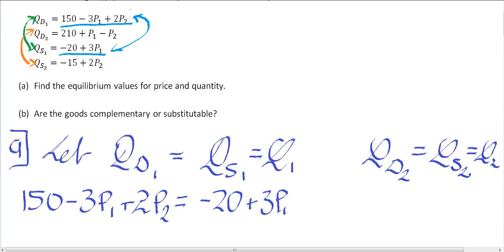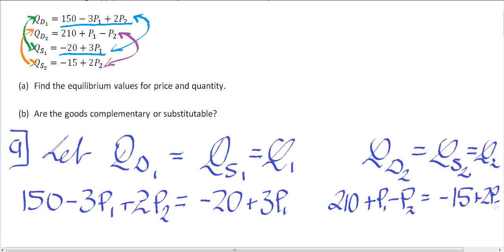And I'm going to do the same for the other set of supply and demand equations. I'm going to let this QD2 equal QS2. So I have underneath, 210 plus P1 minus P2 equals minus 15 plus 2P2.